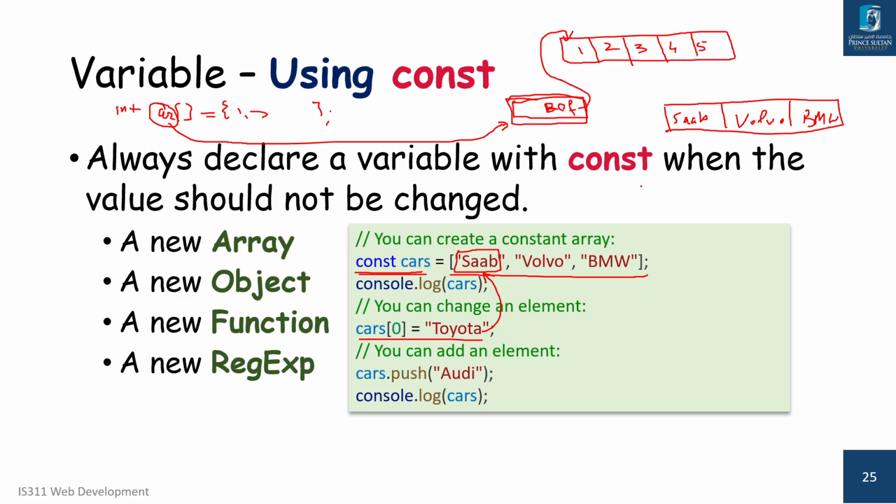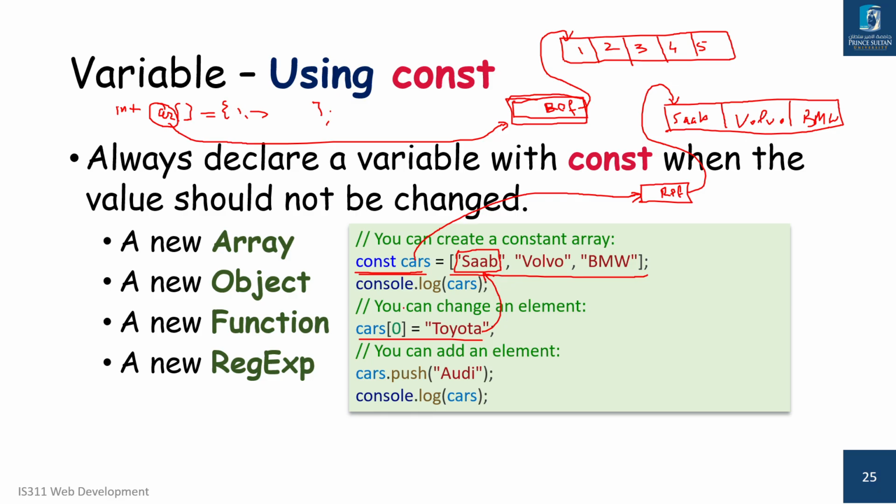Now this cars is actually a reference, or the address of this memory area where the actual values of that array exist. So if I change the address, then I will lose the access to my array. That's why we are declaring it as a constant.